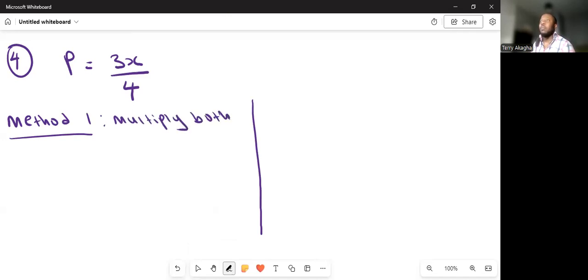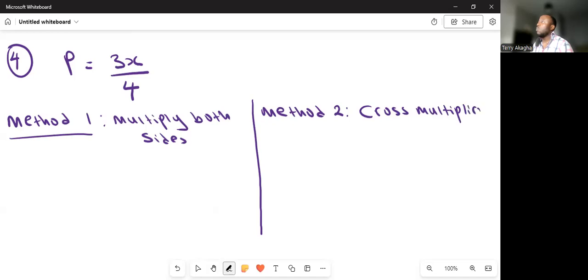The second method is that you can do cross multiplication. Okay? So what we can do now is multiply both sides.